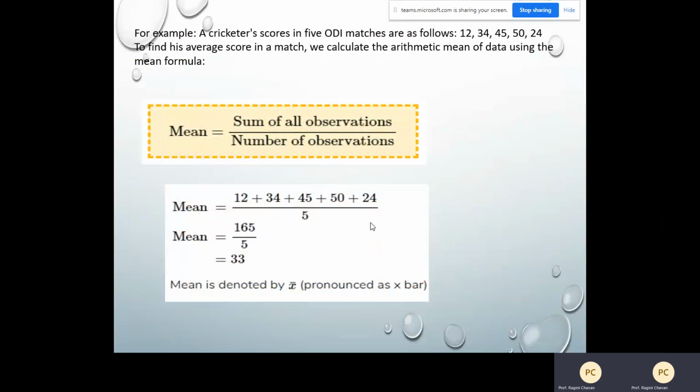So we need to add all the values of these given observations. The sum is coming 165 and total number of observations is 5. Therefore mean value is coming 33. So the mean score in the match is 33.